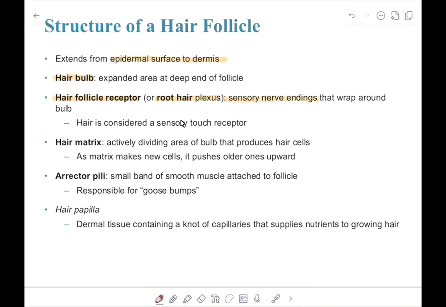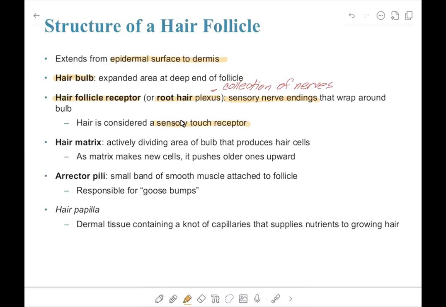The word plexus is new to you, and it's a collection of nerves. We're going to deal with this later on in the semester. It could also be a collection of blood vessels, as in the brain. So hair itself is considered a sensory touch receptor. This makes sense if you've ever had your hair pulled. That certainly activates a stimulus that goes to the nervous system.